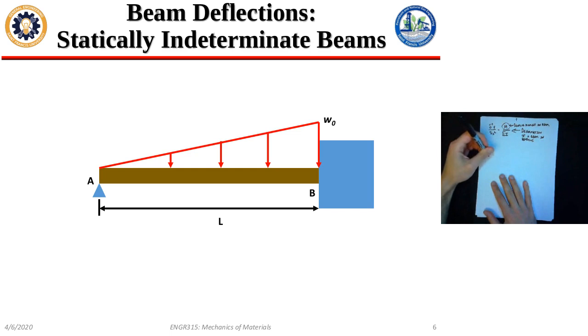I'll draw my free body diagram here. There's my chunk of the load distribution that I'm looking at. Shear force, bending moment. I'll just call it M right now. FA, which we still don't know.